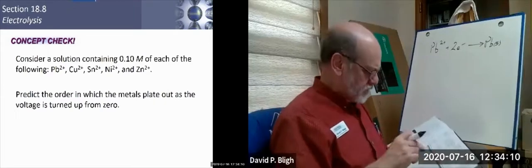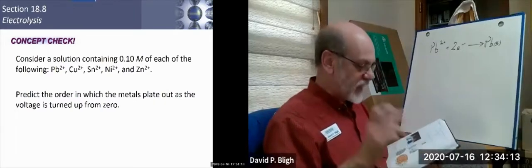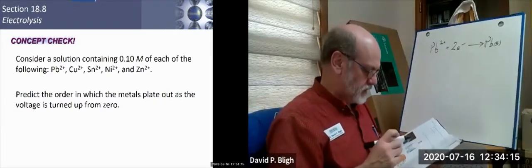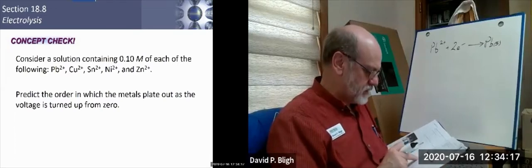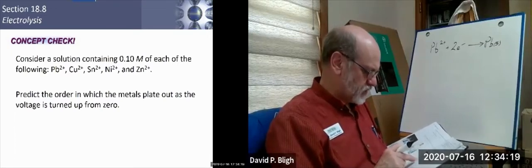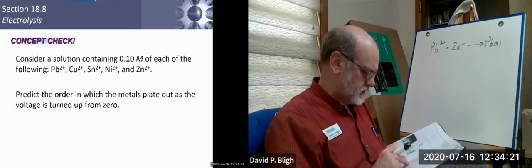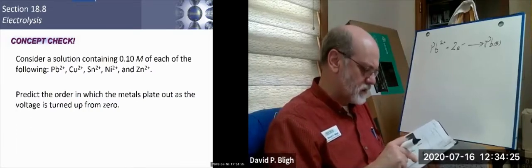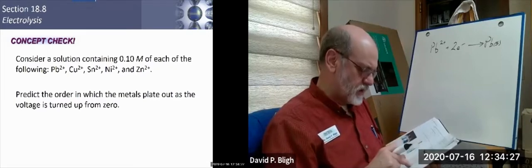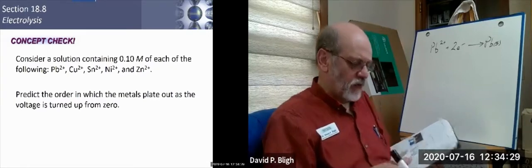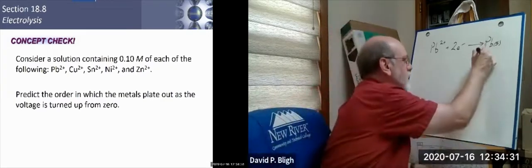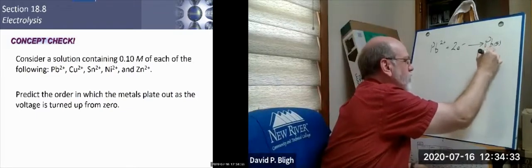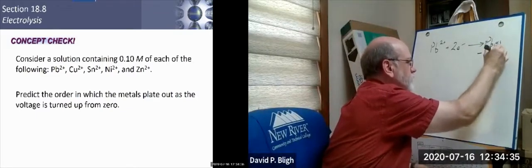Lead plus 2 electrons, that's a standard reduction potential. So we need lead plus 2 electrons, and here it is: negative 0.13 volts.